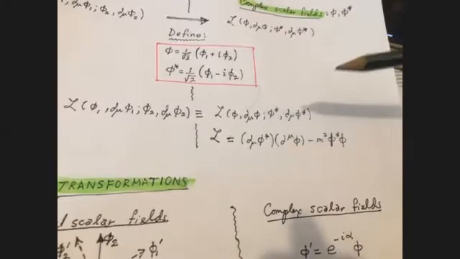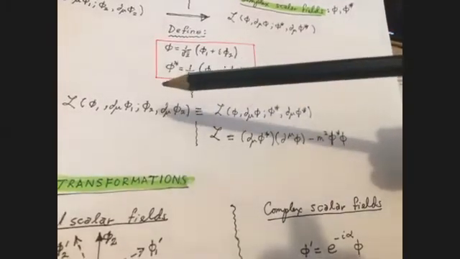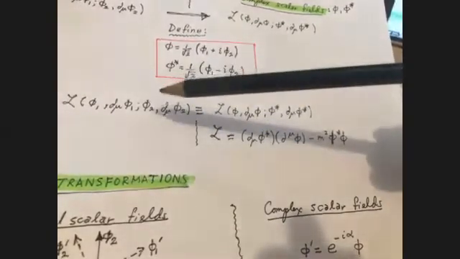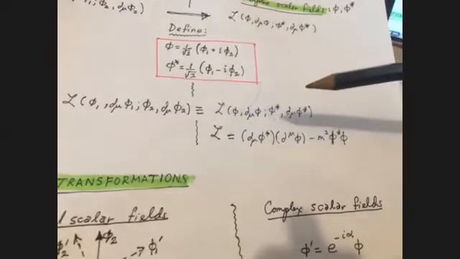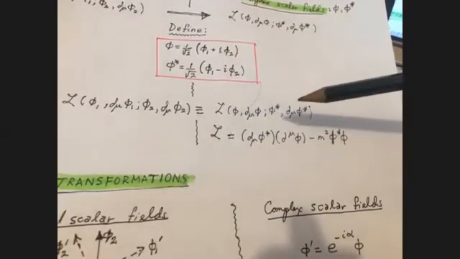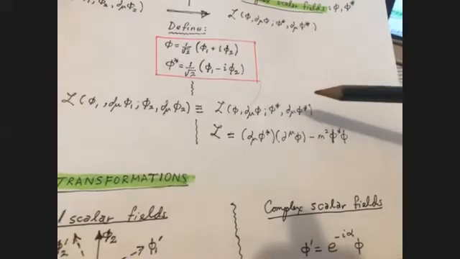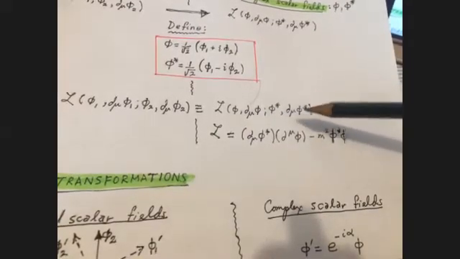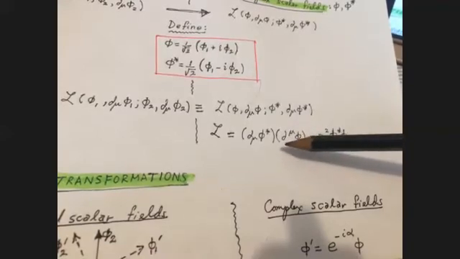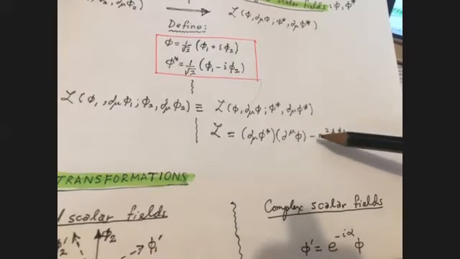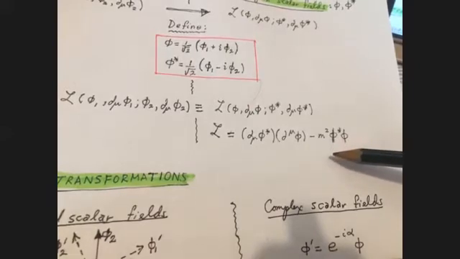And so the Lagrangian of the two real scalar fields has exactly the same form as the Lagrangian density of the phi star. The explicit form of the Lagrangian of the complex scalar fields is given as you can see.